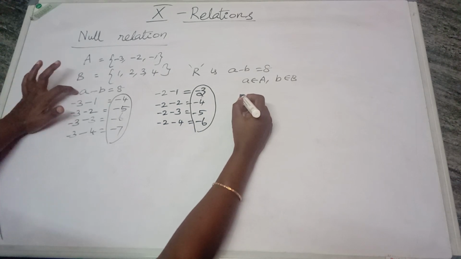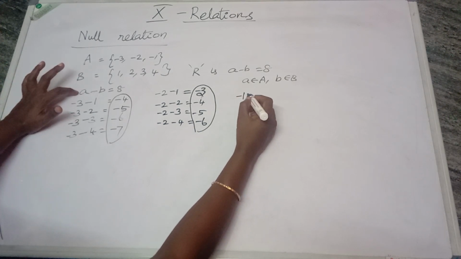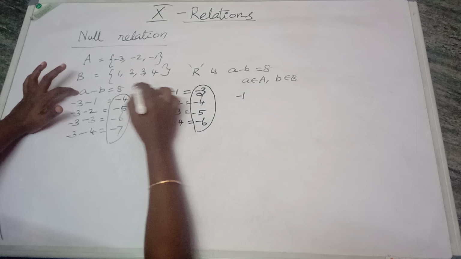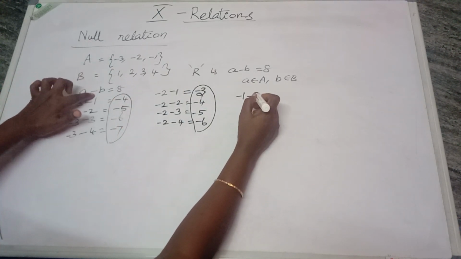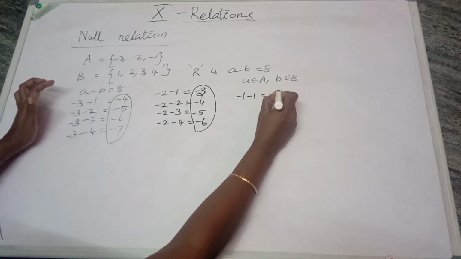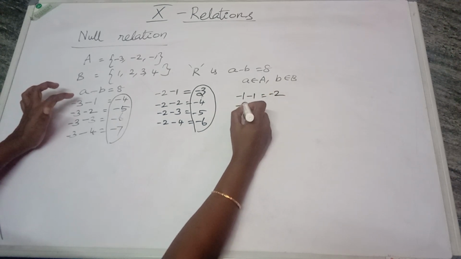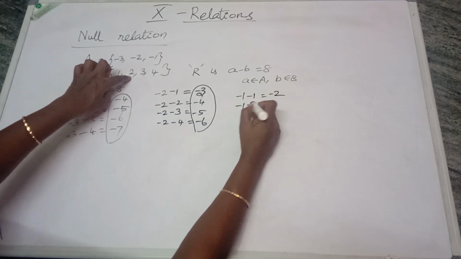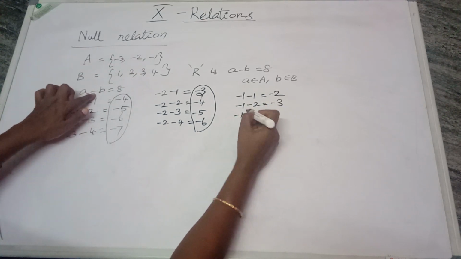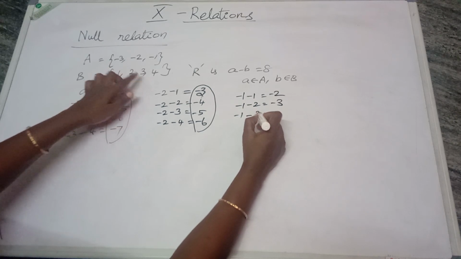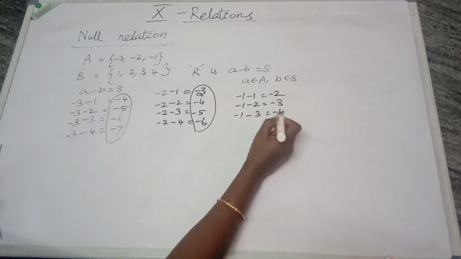In the place of A we substitute minus 1. With the first element, minus 1 minus minus 1 gives minus 2. With the second element, it is minus 3. With the third element, minus 1 minus 3 is minus 4.